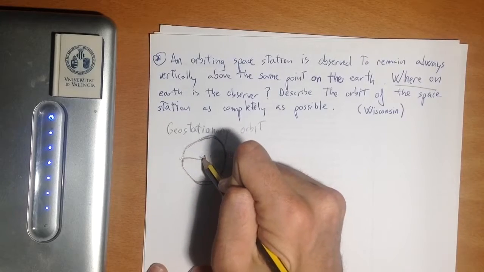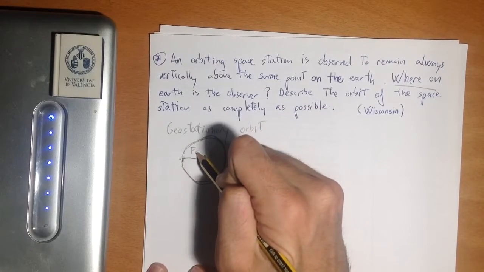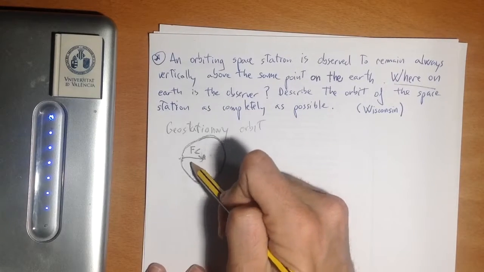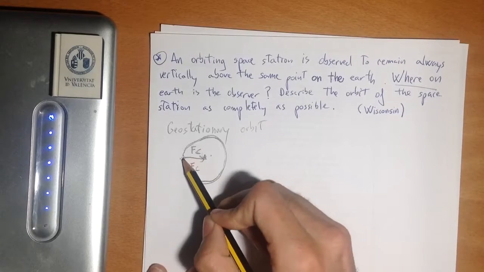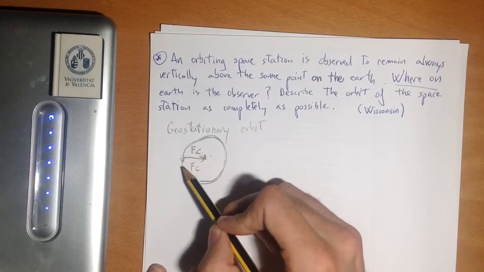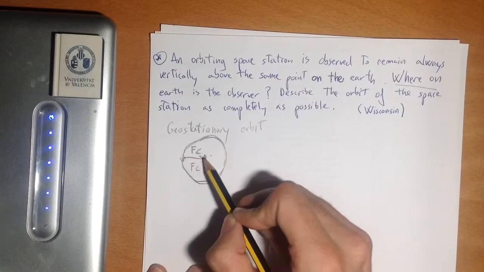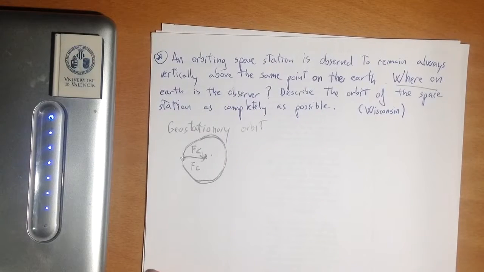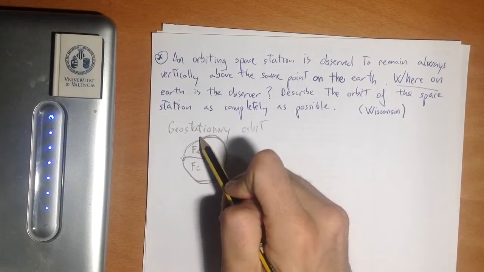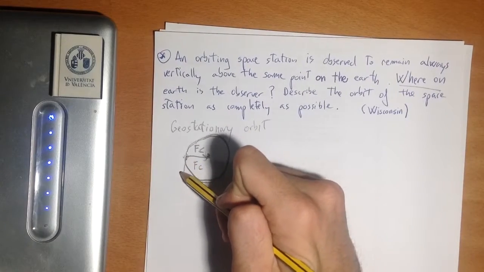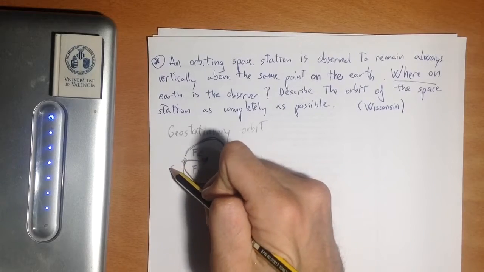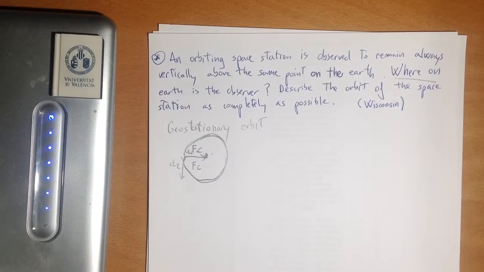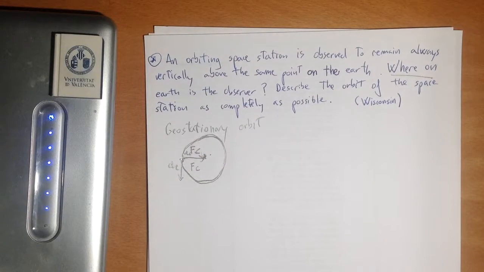We have the centripetal force, as well as the gravitational force, a central force that attracts the object orbiting around the Earth directly to the center, because obviously the Earth is at the center of the circle. And we also have two accelerations, the tangential acceleration and the centripetal acceleration. But let's focus on forces.